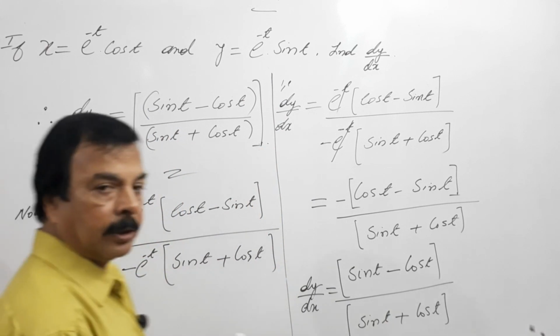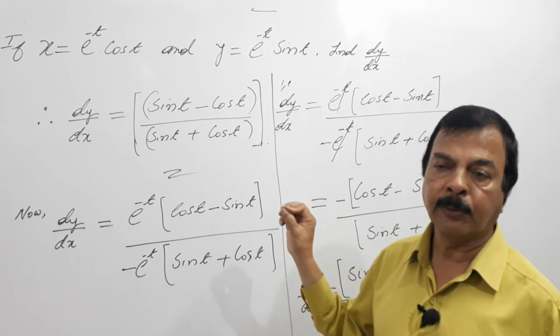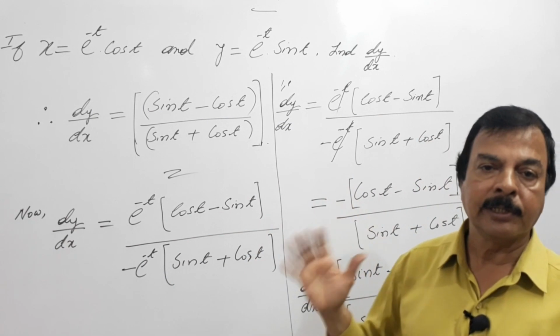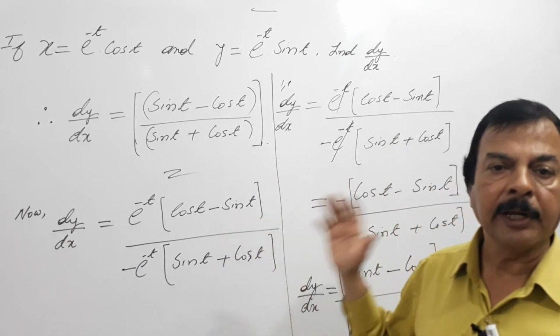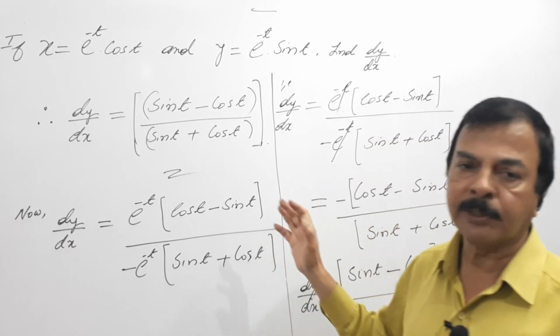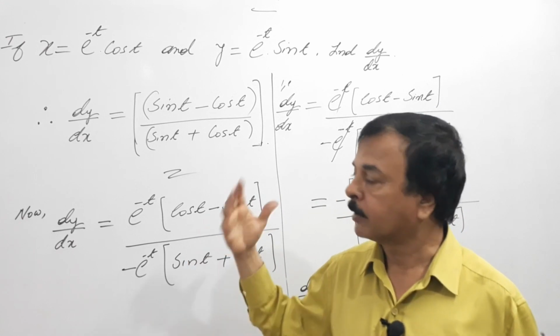So dear students, I am trying to work some problems for you. Try to practice them. We'll go for the next problem. This is the only concept you need to solve any given problem on parametric functions. It's very simple, provided you know the formula and the method to differentiate. If it is the sum rule, use the sum rule.